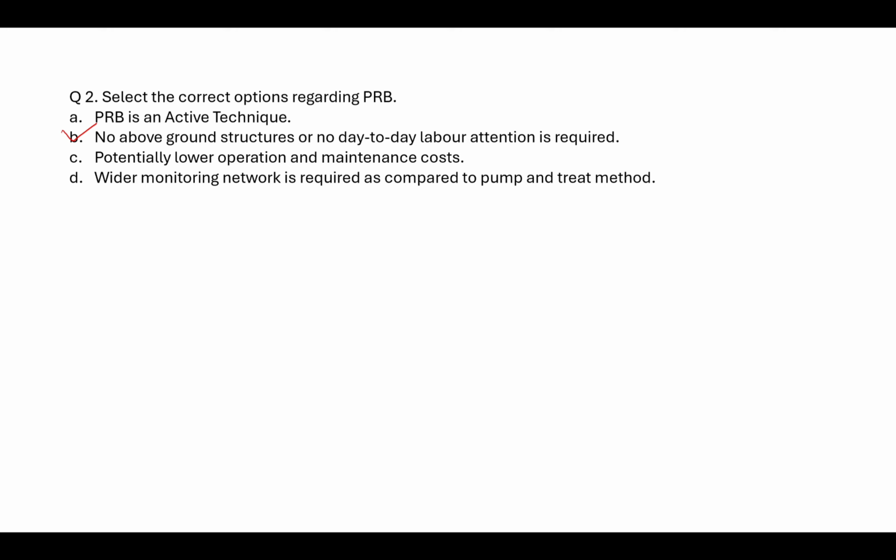So maintenance and operation cost is also low. And next is wider monitoring network is required as compared to pump and treat. No, a wider monitoring network is not required. In pump and treat, wider monitoring networks are required, but in PRBs, fewer monitoring wells are required. So B and C are the correct options.